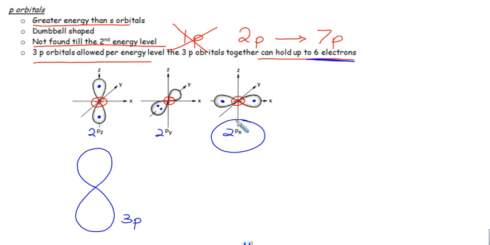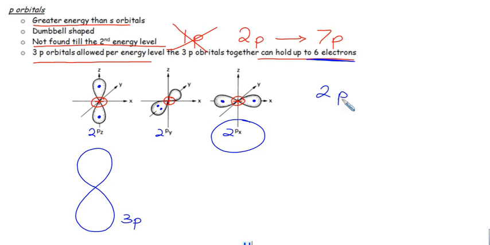Now here's one thing to note. If I just saw the quantum numbers 2p, and they asked how many total electrons would have the quantum numbers 2p? First we'd say, can a p orbital exist in the 2nd energy level? Oh yeah, the 2p, that's legit. The p's are in every level 2 and higher. There are 3 p orbitals in the 2nd energy level, and each can hold a maximum of 2 electrons.